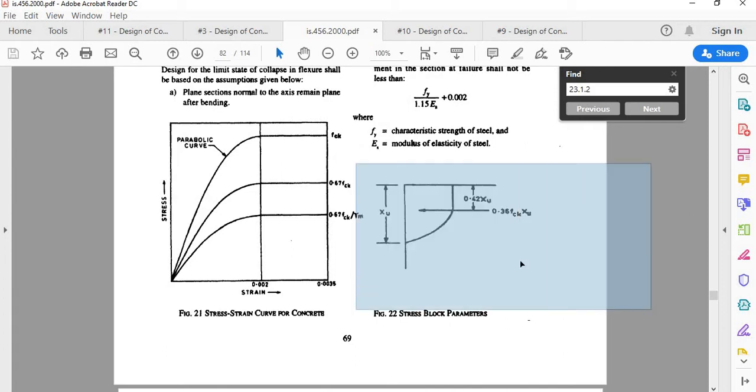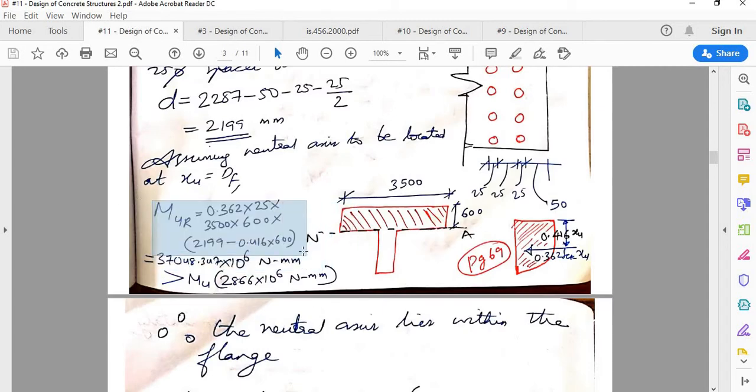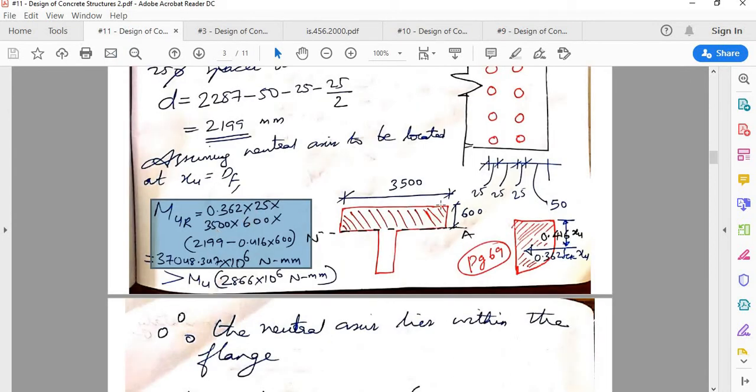Yes. So you might have seen this, right? For a concrete portion, its effective force is this much. The centroid is at a distance of 0.416 XU. So using that formula, I'll calculate moment of resistance. Okay, 0.362 FCK XU, which is the more exact value. So XU here I am taking as this depth. I am assuming that neutral axis is at the interface of web and flange.